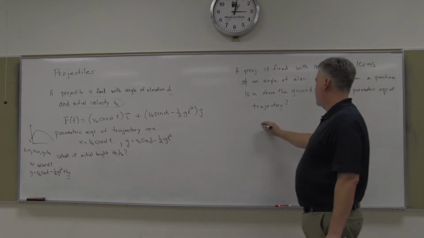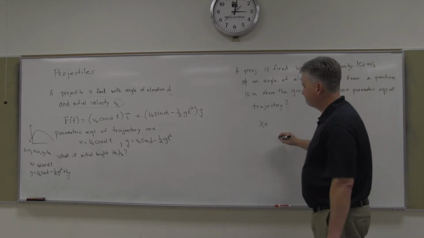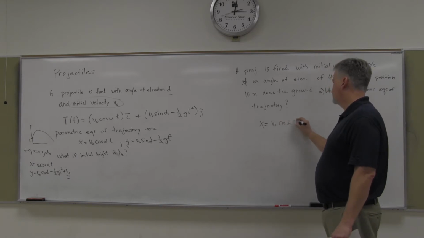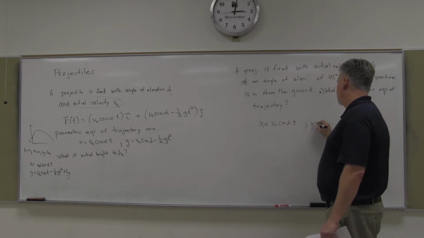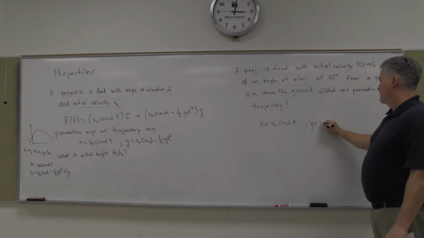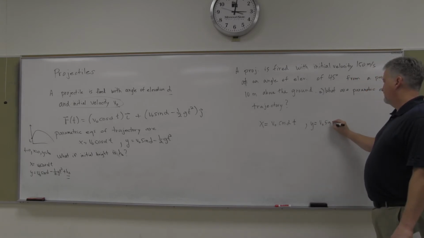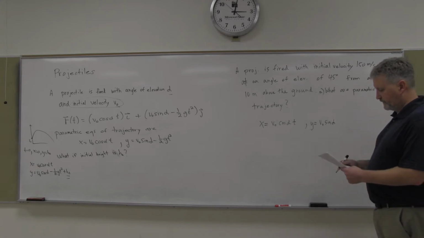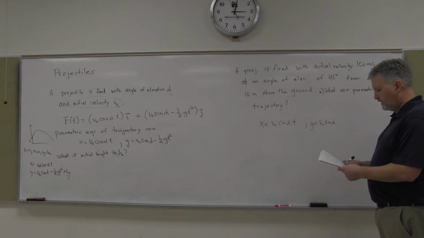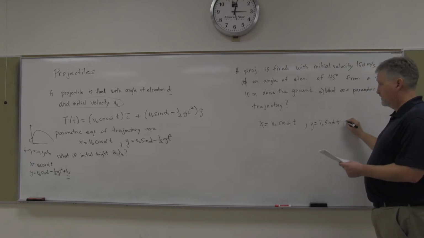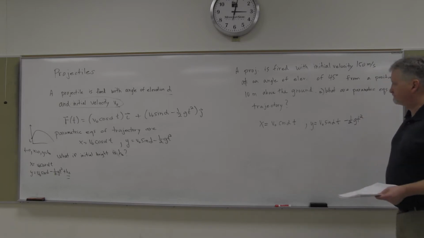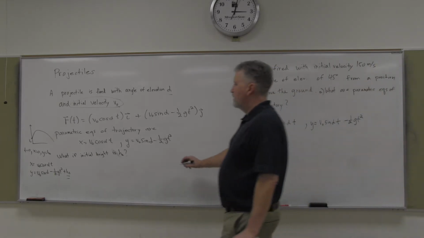Okay, so that would be x equals v0 cosine alpha times t. y equals v0 sine alpha t minus 1/2 g t squared. I think I forgot the t here.